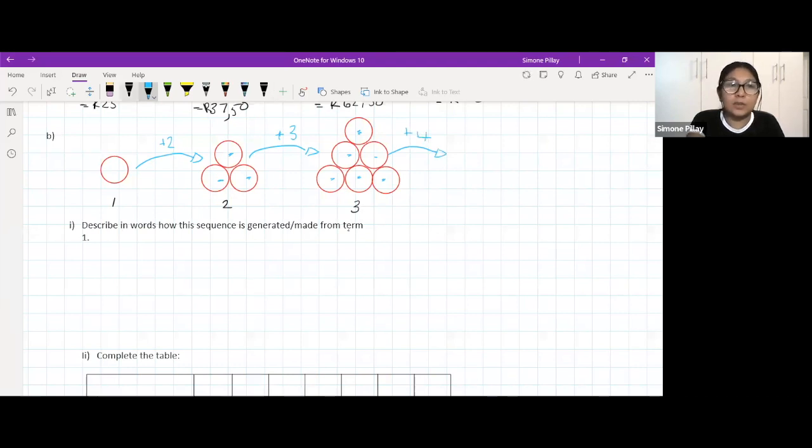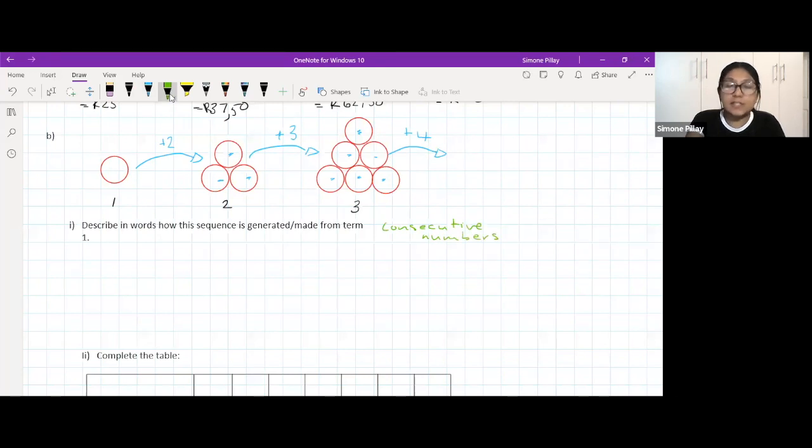What do we know about these numbers? 2, 3, 4. When I start counting like that, what do we know? What's the word that rings in our head, or at least in my head? It is consecutive numbers.